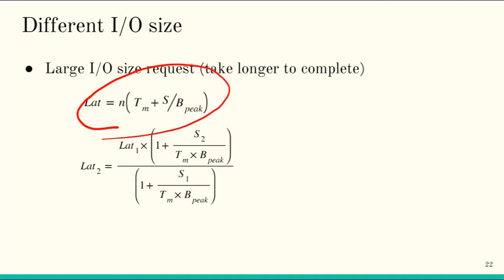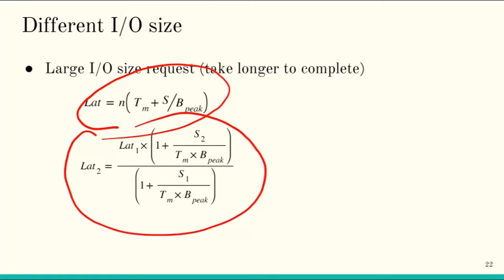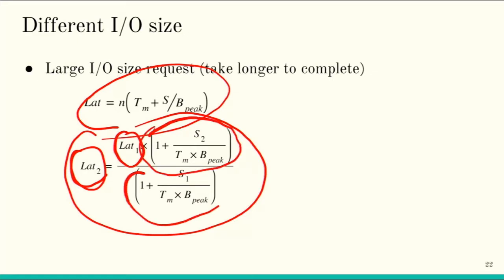This is a simple proportional formula: latency 2 equals latency 1 in proportion. In this case we use n equal to 1, and we divide by tm, so that this term becomes tm divided by tm1, and this term becomes tm times p peak. This is how we can convert and handle the different IO size in the mClock algorithm.